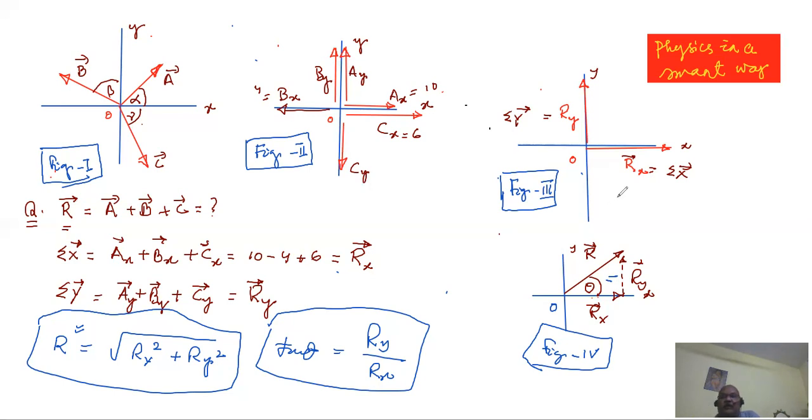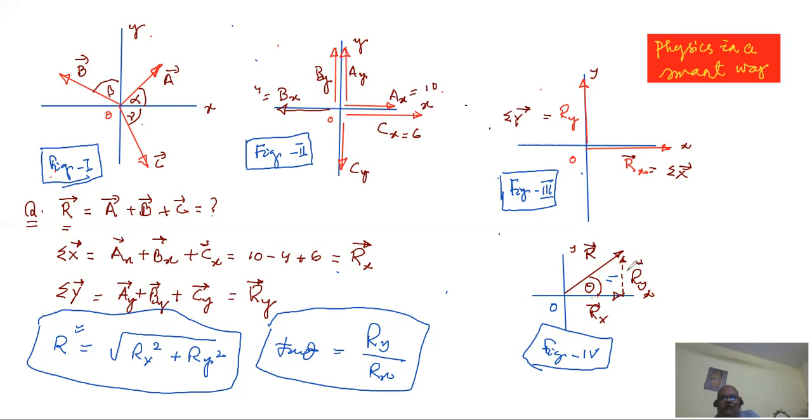All x components become a single vector, all the y components become a single vector, that is sigma y or Ry, sigma x or Rx. Then in the last step, we combine Rx and Ry into the resultant, knowing that Rx and Ry must be the resultant's x component and y component. I think it is clear to you.